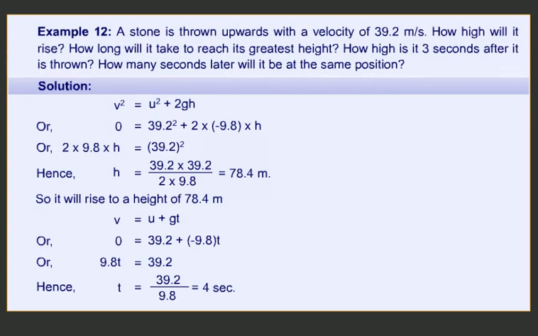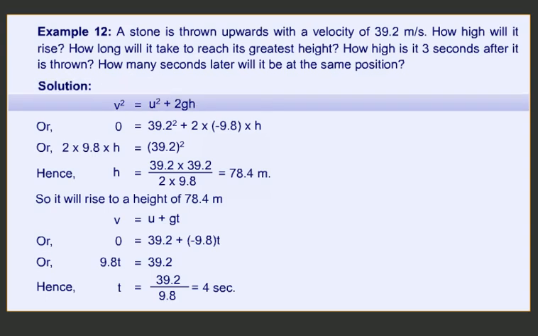First, let us calculate the value of h. By using the relation v square equals u square plus twice gh. Here, we know that v is equal to 0, u is equal to 39.2 meter per second, g is equal to minus 9.8 meter per second square.